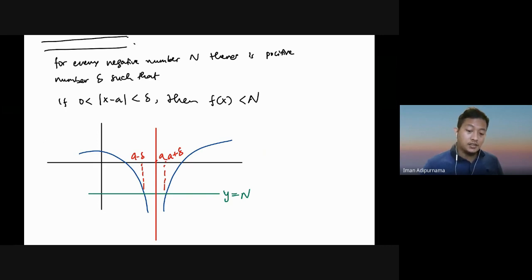So the function is, of course, getting negatively large, getting smaller and smaller, going down and less than n, the y equal n, right?